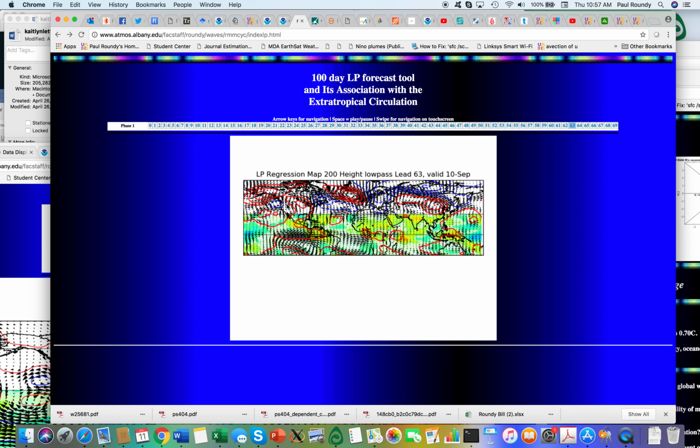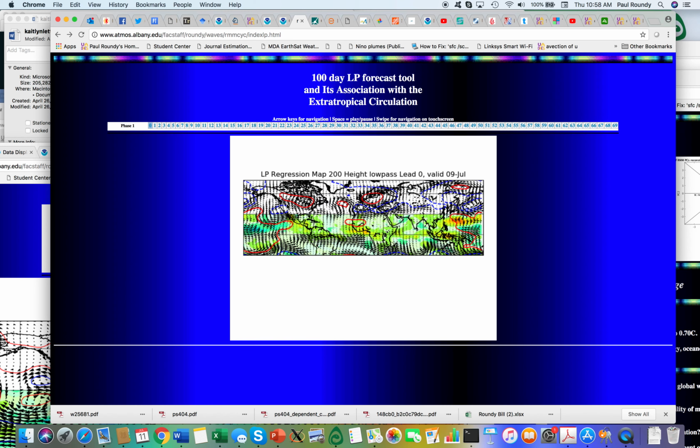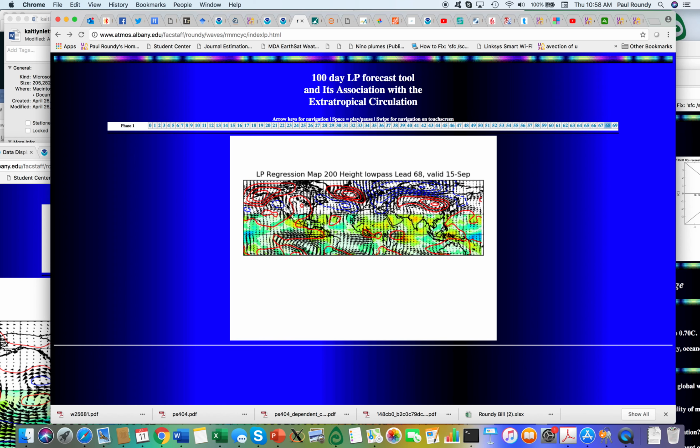Now again, this ignores all subseasonal and synoptic variability. This is what the low-frequency pattern, if it maintained its present structure with some seasonal evolution, would project moving forward in time. It doesn't account for how the ocean conditions may be changing over time. And that's the end of the low frequency portion.